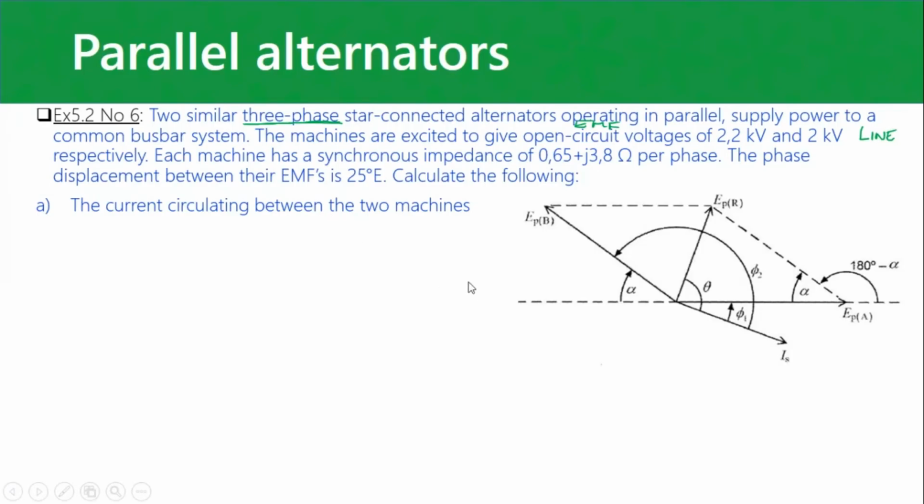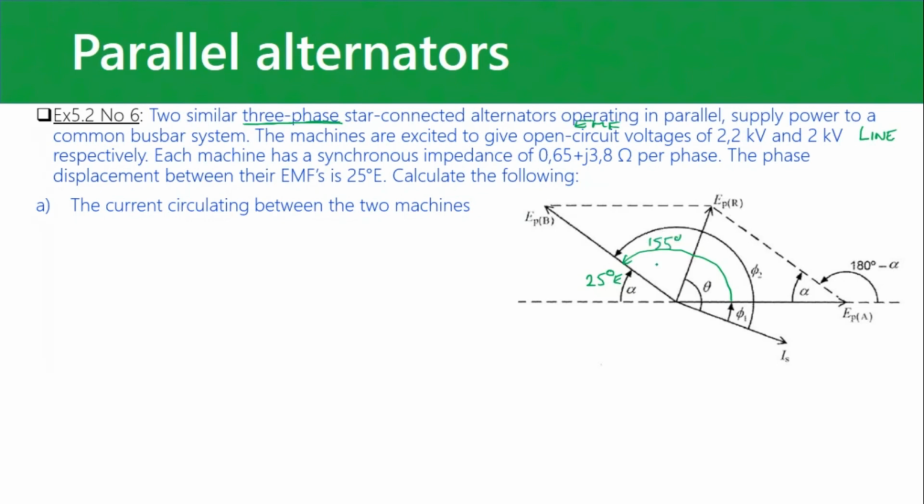Be careful of that. So the impedance of each machine is given, and the phase displacement is 25 degrees electrically. There we go. So now what is this angle going to be? It's going to be 180 minus 25, so this will be 155 degrees.